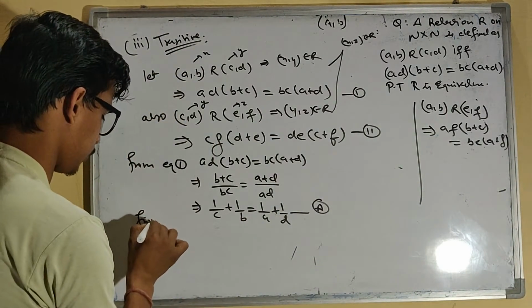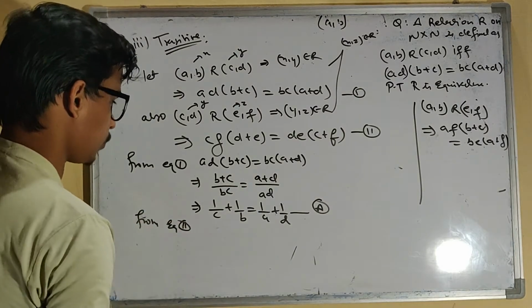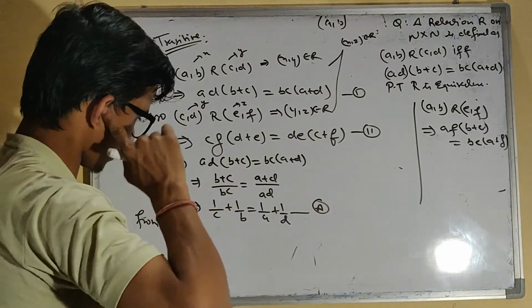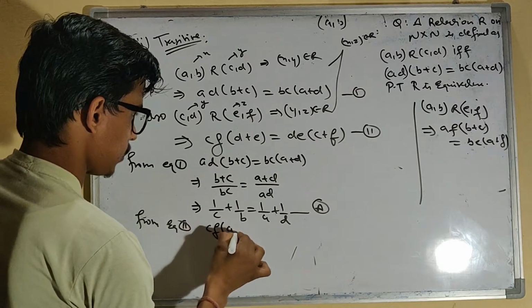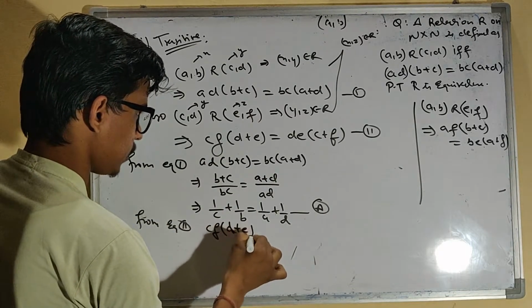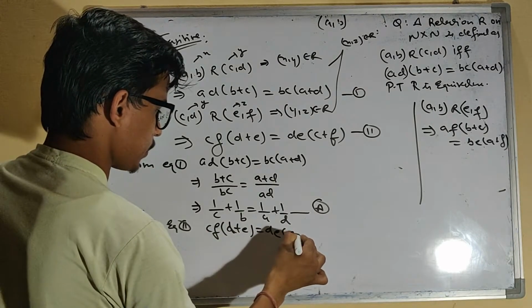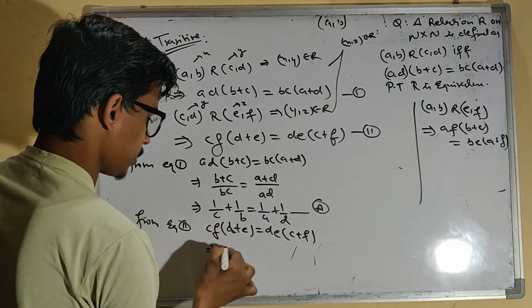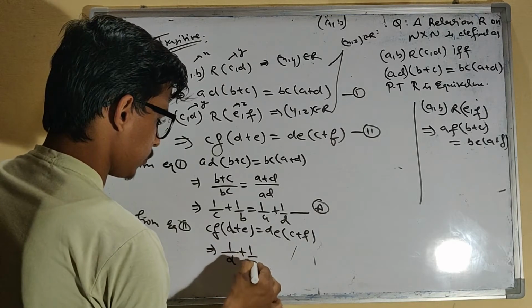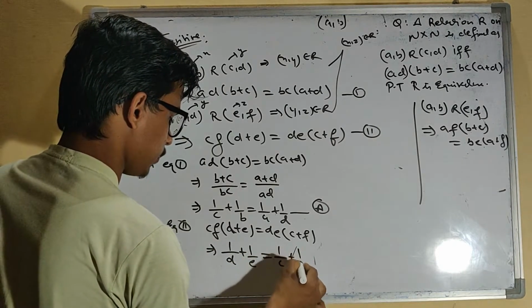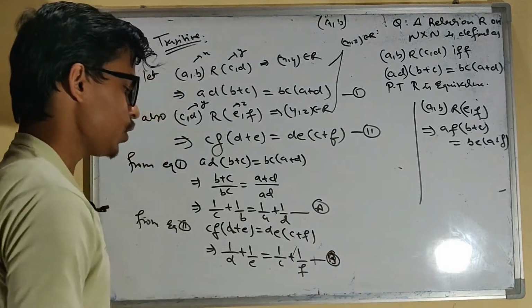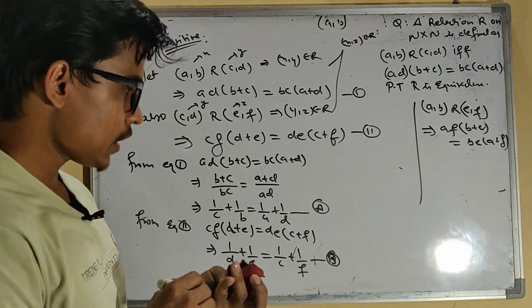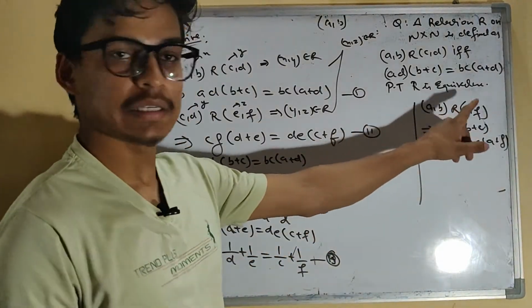Now from equation 2, I can write it like this: cf(d + e) = de(c + f). After cross multiplication, this can be written as 1/d + 1/e = 1/c + 1/f. Let's call this B. Now what you have to do is eliminate c and d.